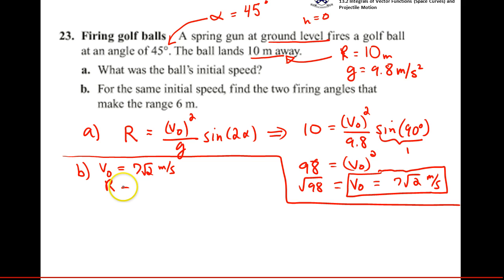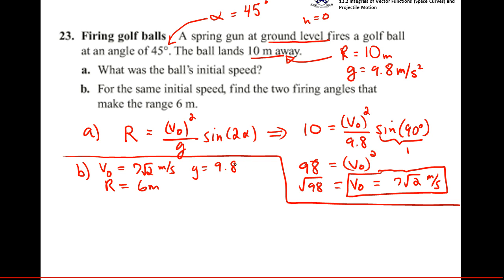So I want to fire the golf balls at 7 root 2 meters per second, and I want the ball to fall 6 meters away. The question is, what are the angles? We just go with the same formula. The gravitational constant, once again, is 9.8, and we just solve for alpha.